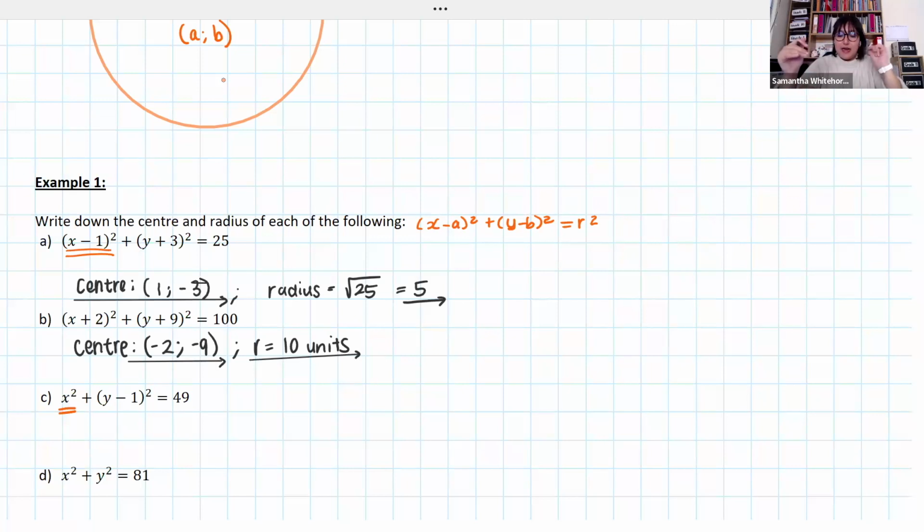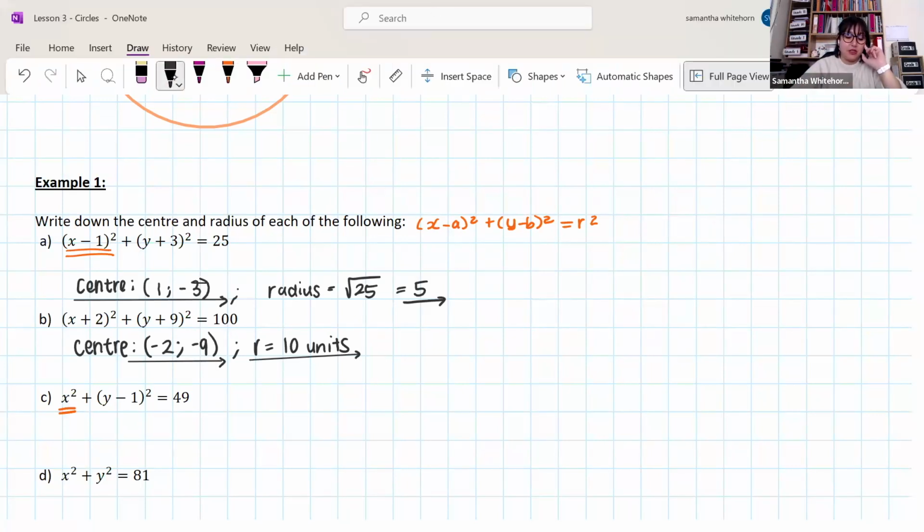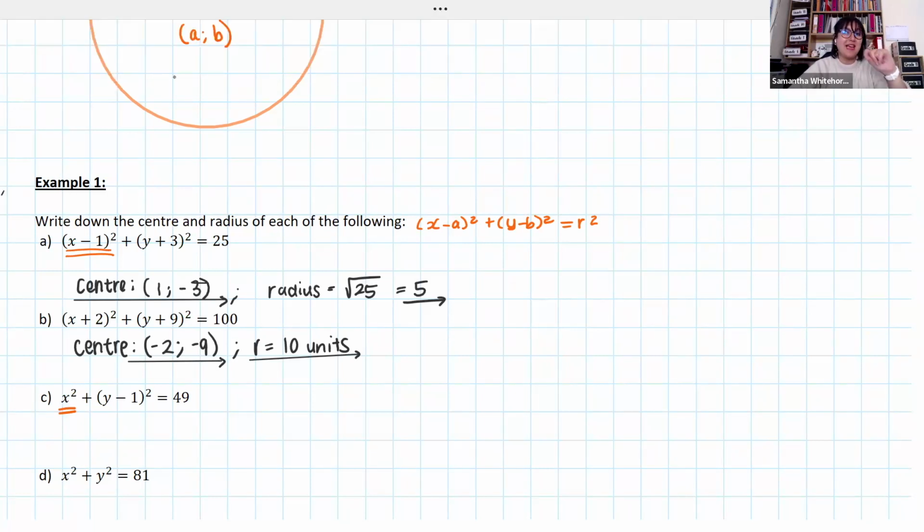When you just have x squared, can anyone tell me what that means in terms of the x coordinate of the center of your circle? Nice, Leila, excellent. x is 0.